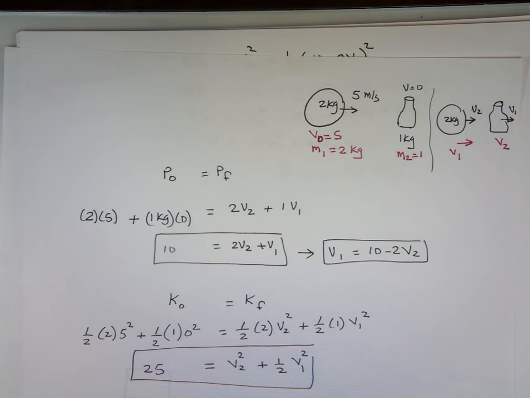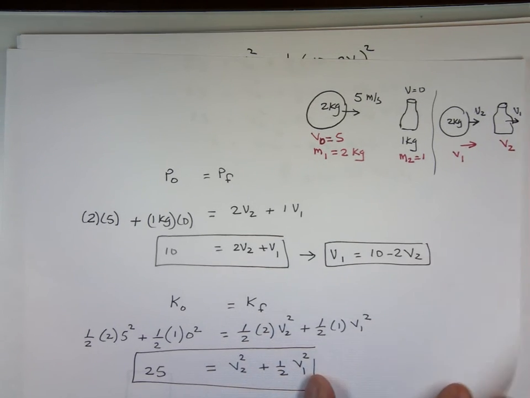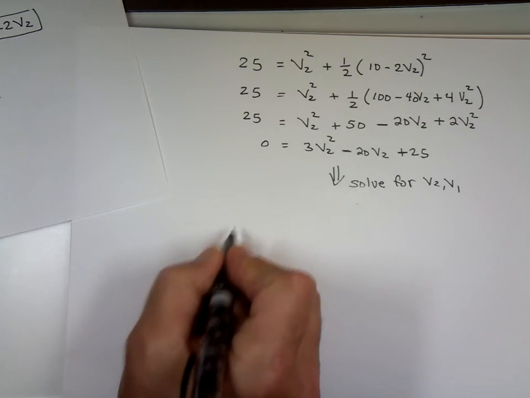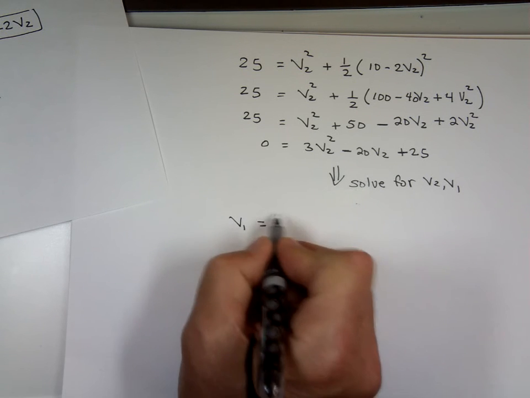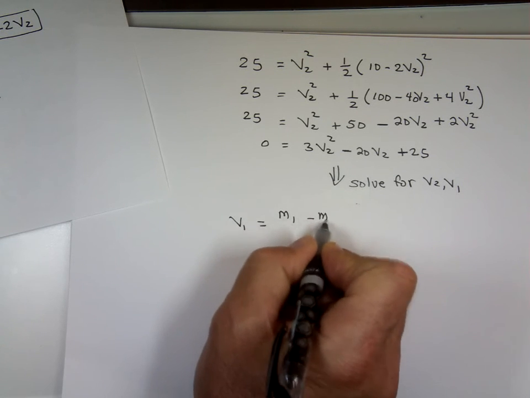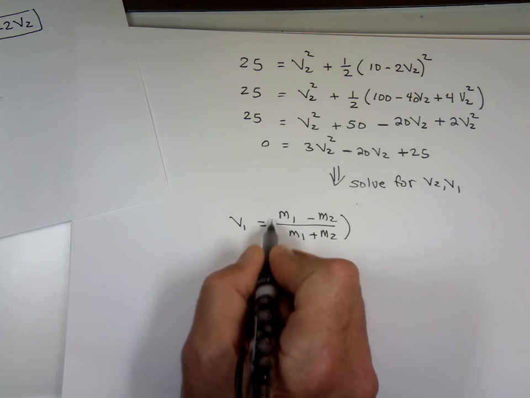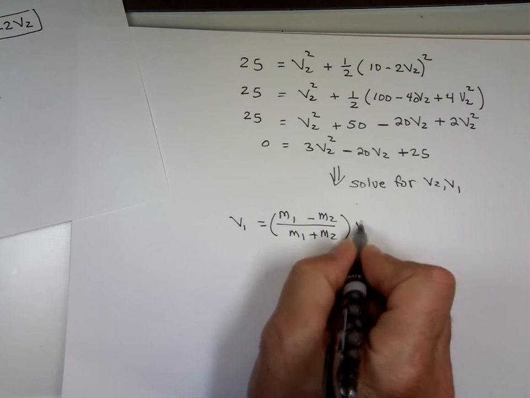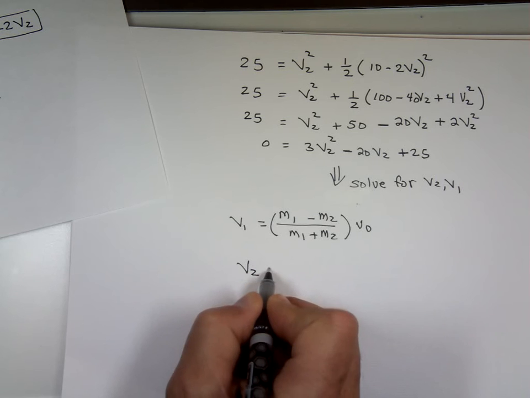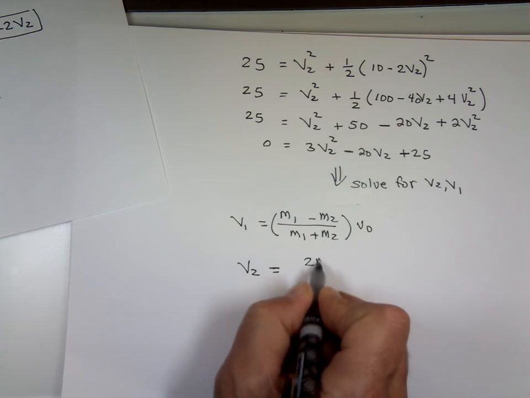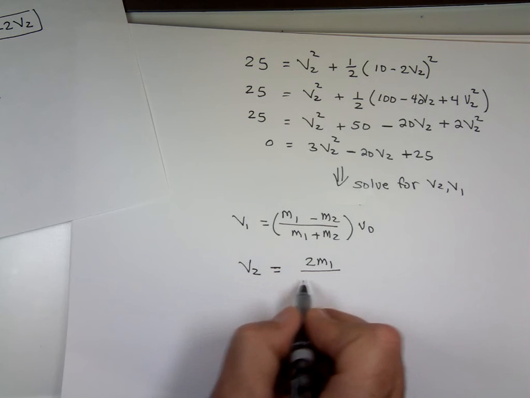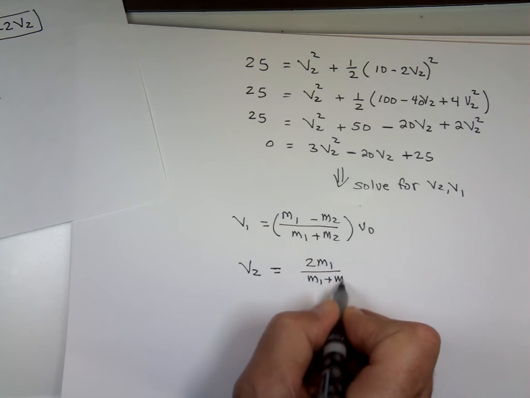On that page, I forgot what page number, it says if you want to find the V1, it's mass 1 minus mass 2 over mass 1 plus mass 2 times the V initial. And if you want to find V2, it's going to be twice mass 1 divided by mass 1 plus mass 2 times V initial.